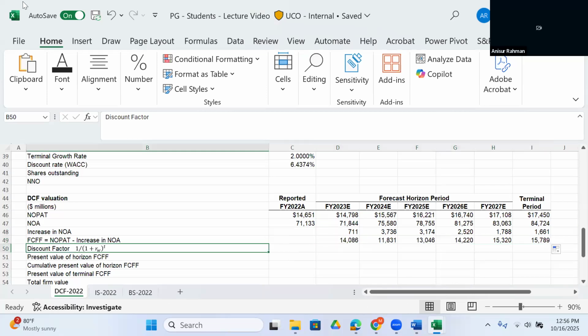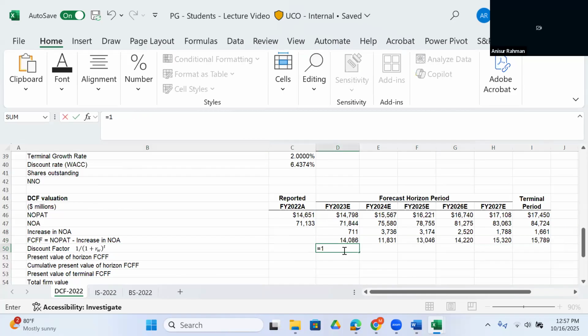Now discount factor, which is actually derived from the discount rate, which is 6.434%. So 1 over 1 plus the discount rate raised to the power of year. So 1 over, open parenthesis, 1 plus, this is our discount rate, lock it, close. Now raised to the power is this symbol.